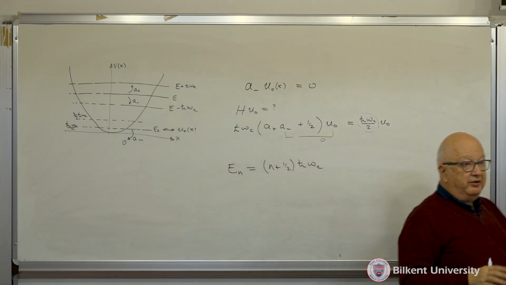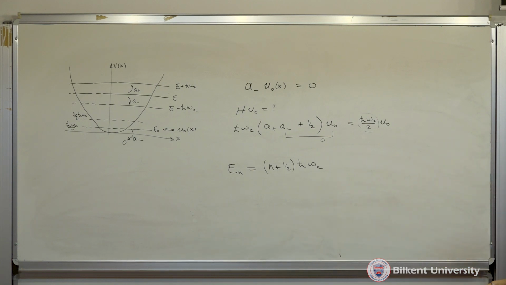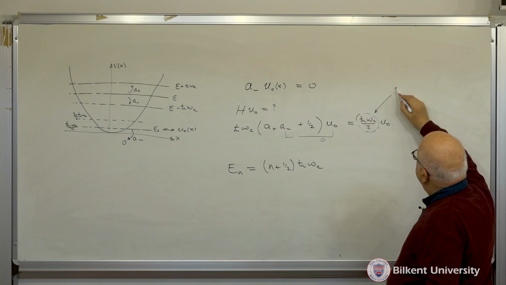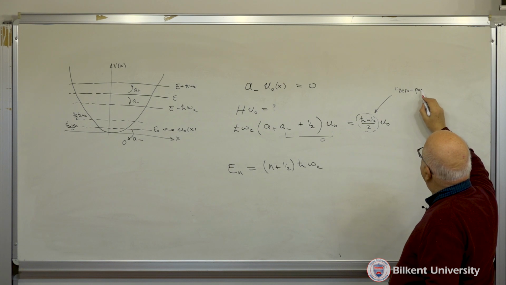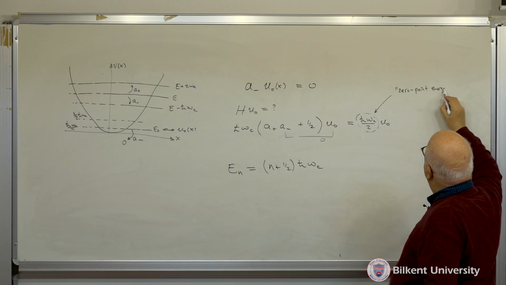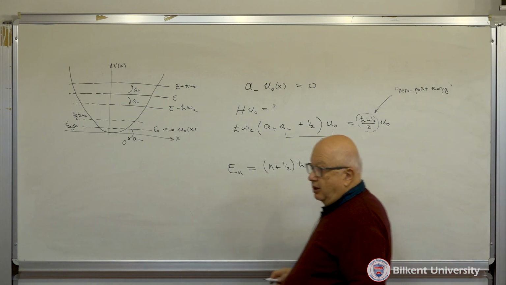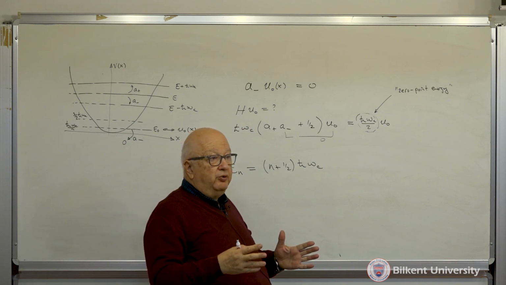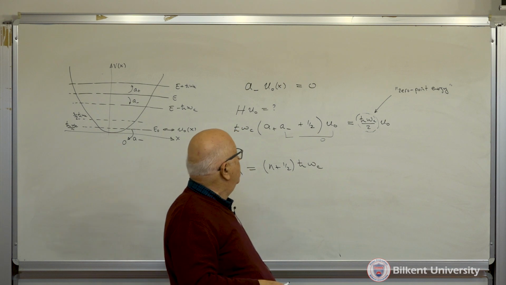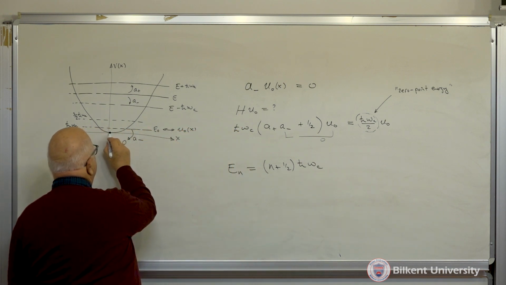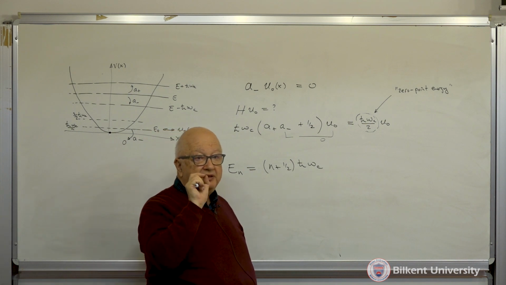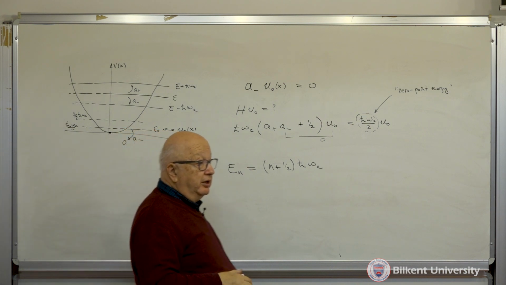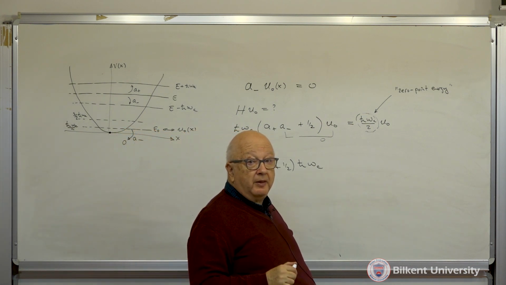So in the ground state, we have a certain energy. So this h bar omega c over 2 is also called the 0 point energy, which means that a harmonic oscillator has that minimum energy. Classically, obviously, you can put a particle in the bottom of the potential well. If it has 0 kinetic energy, then it has 0 potential energy, and the energy of the particle is 0, right?